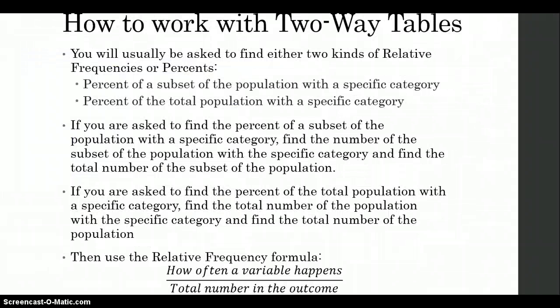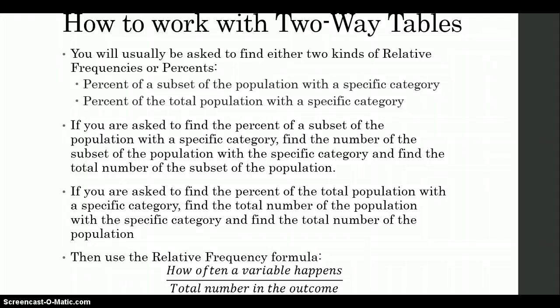When we work with two-way tables, you're going to be asked to either find the percent of a subset of the population with a specific category or the percent of the total population with a specific category. And if you're asked to find the percent of a subset of the population with a specific category, you find the number of that subset and the number of the total and put the subset over the total and turn it into a percent.